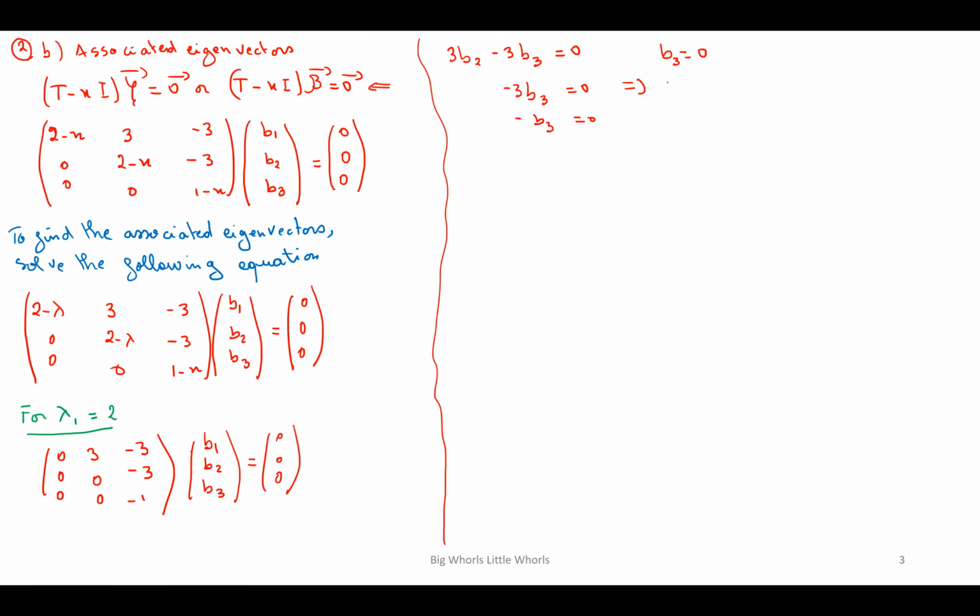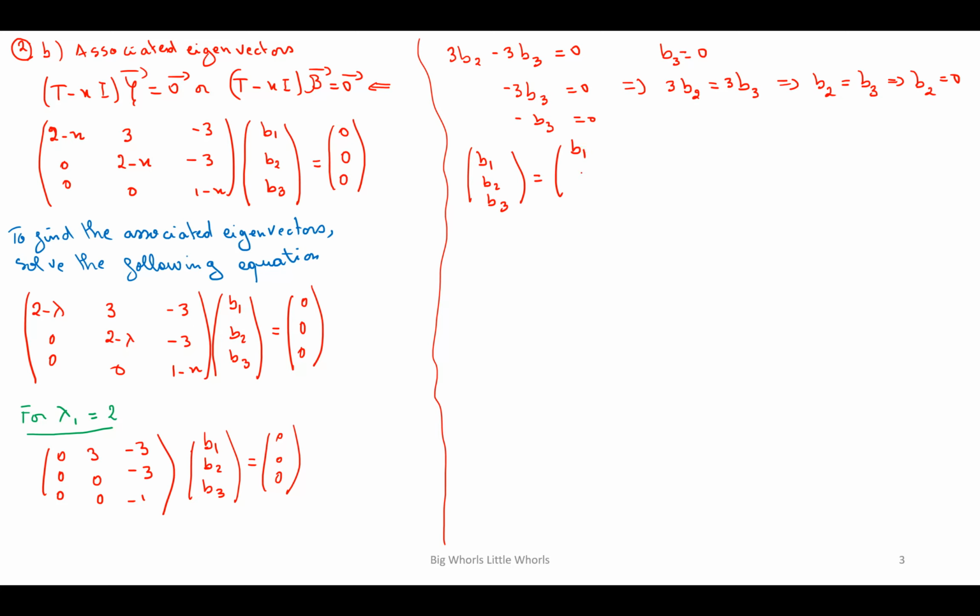So this means we have b3 equals to 0. For the row 1, we have 3b2 minus 3b3 equals to 0, which means 3b2 is equal to 3b3. That means we have b2 equals to b3, which is equal to 0. So to be able to write the solution for this equation, we have b1, b2, b3 equals to b1.